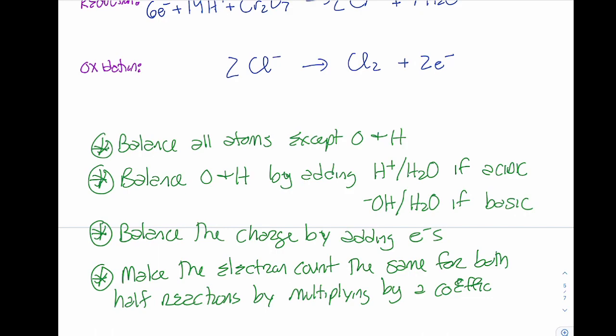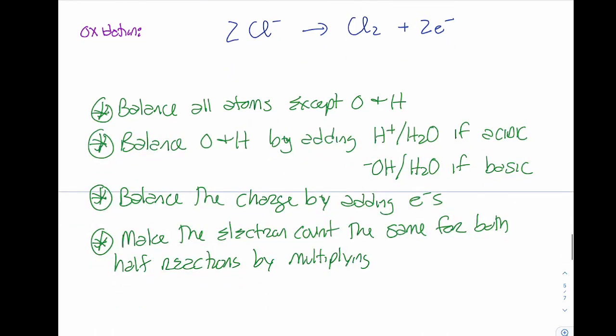And actually, I'm going to add to this, this is important, by multiplying the entire half reaction. You're not just going to multiply the electron count, but you have to multiply the entire half reaction. If you only multiply the electrons by a coefficient, your charge is no longer balanced. So by multiplying the entire half reaction by some factor.